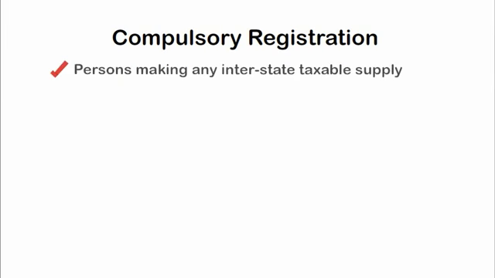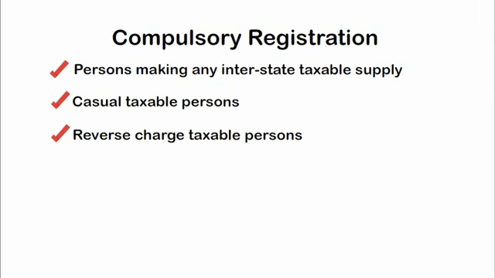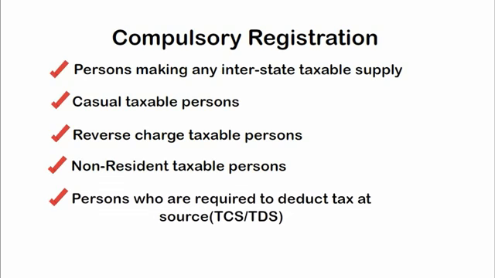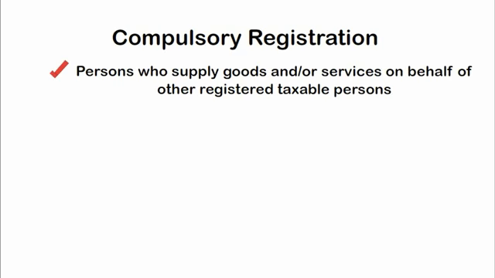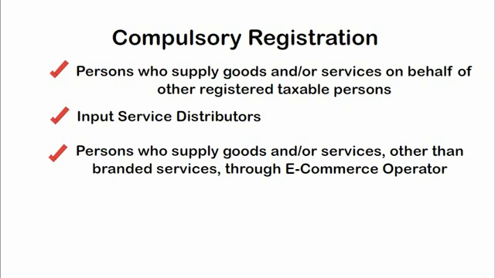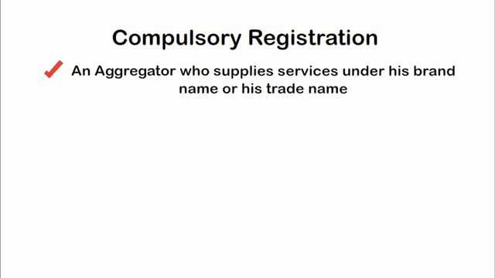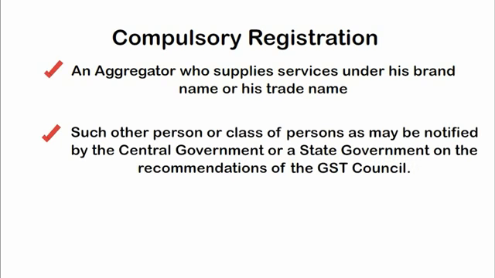They are persons making an interstate taxable supply, casual taxable persons, reverse charge taxable persons, non-resident taxable persons, persons who are required to deduct tax at source, persons who supply goods or services on behalf of other registered taxable persons, whether as an agent or otherwise, input service distributors, persons who supply goods or services other than branded services through e-commerce operator, every e-commerce operator, an aggregator who supplies services under his brand name or his trade name, and such other person or class of persons as may be notified by the central government or state government authorities on the recommendations of the GST Council.